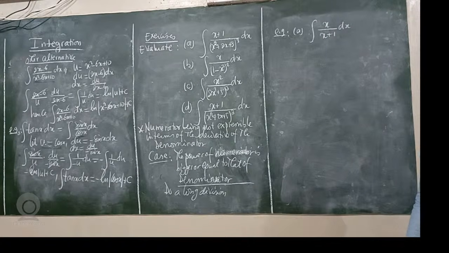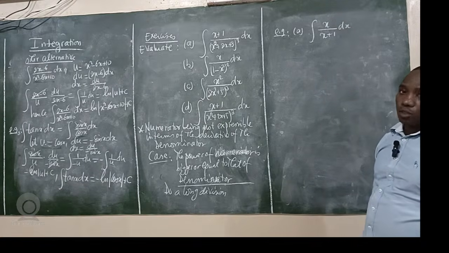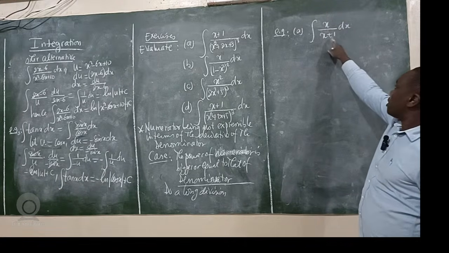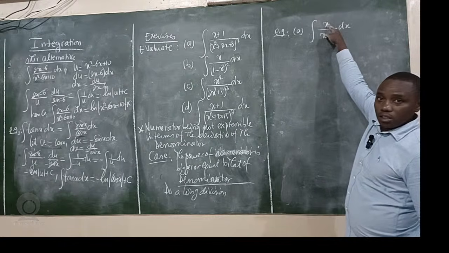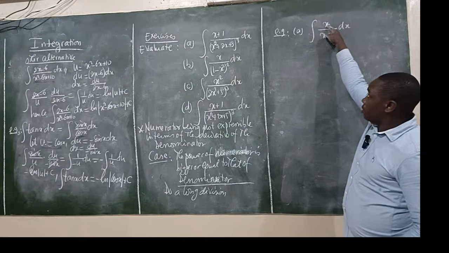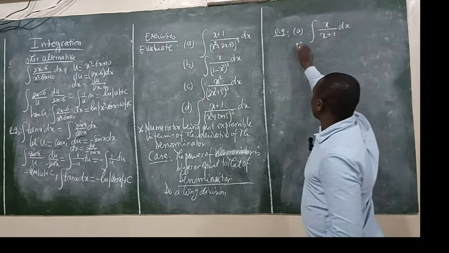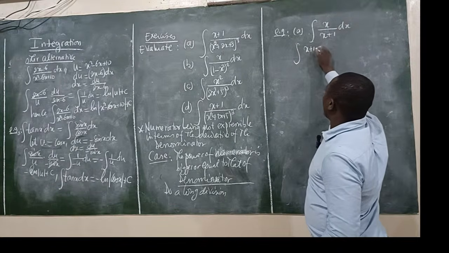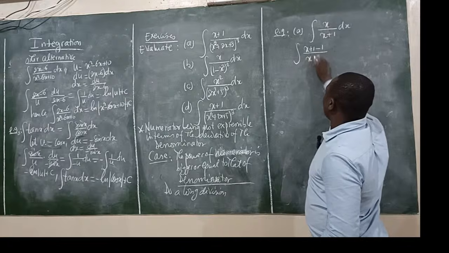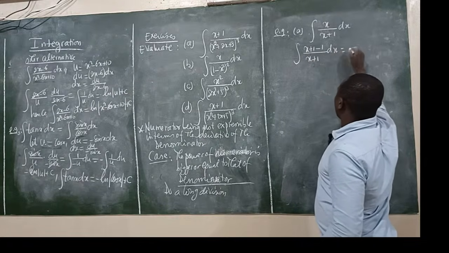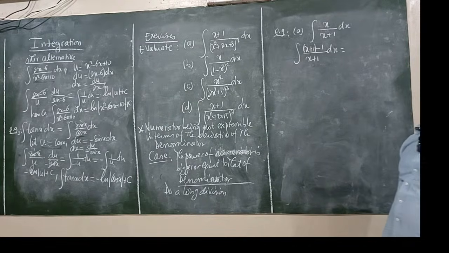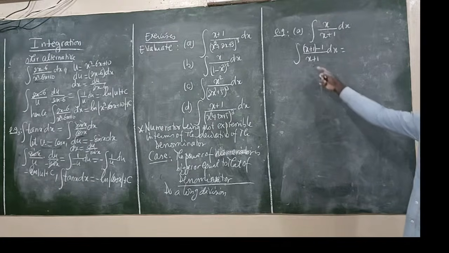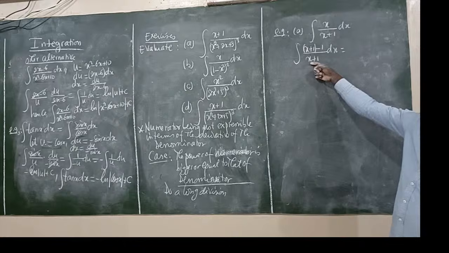We can do this by adding and subtracting. Because the numerator is x and the denominator is x plus 1, we add 1 and subtract 1, then divide by x plus 1 on each element.